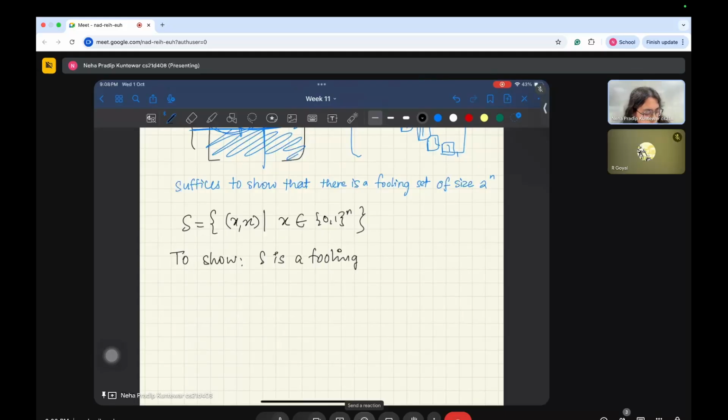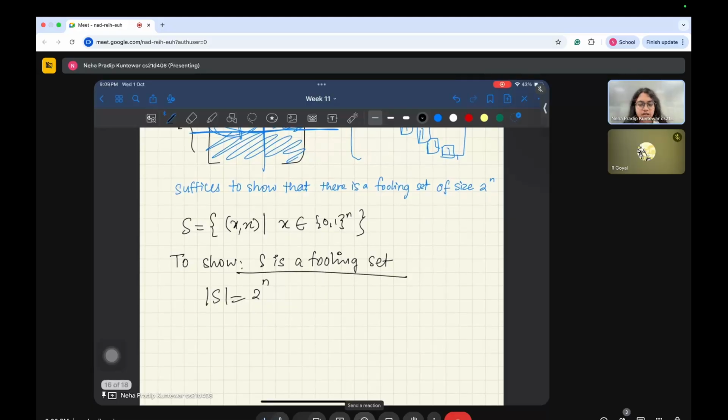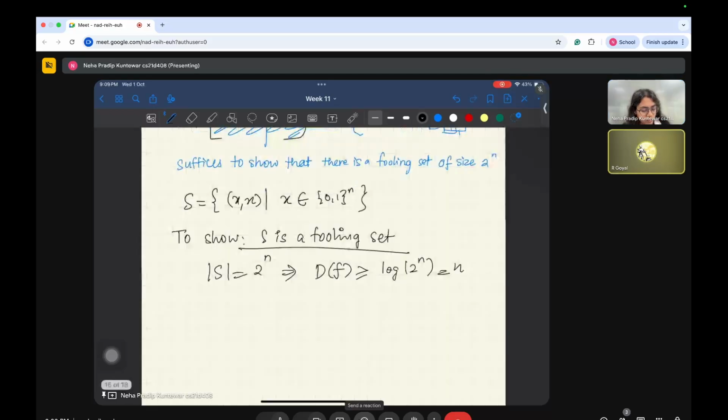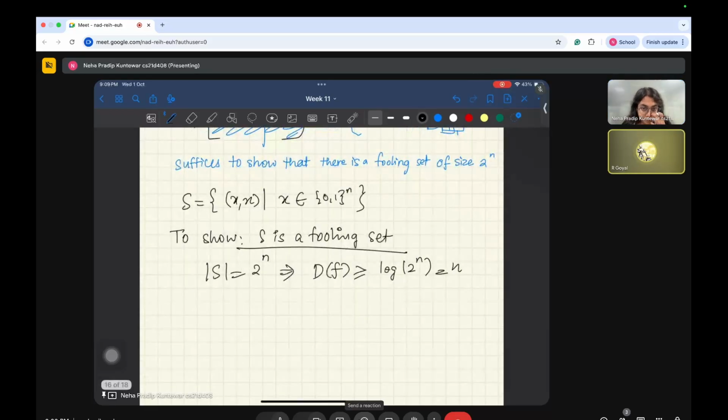The size of S is already 2 to the n. So if we could show that S is a fooling set, then we are done, because then you have a fooling set of size 2 to the n. That means the communication complexity of f is at least log of 2 to the n, which is n.